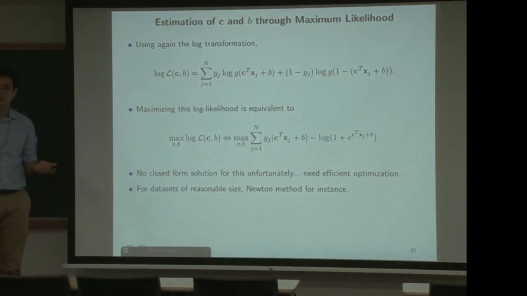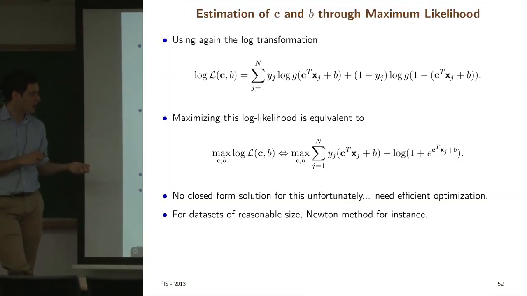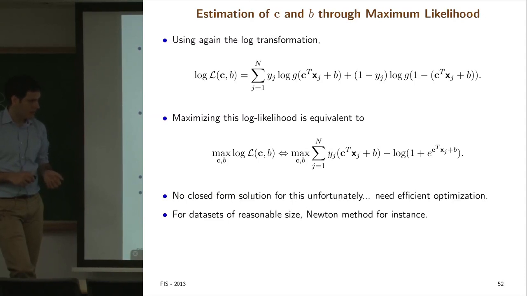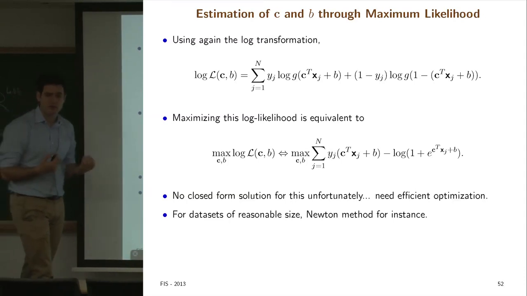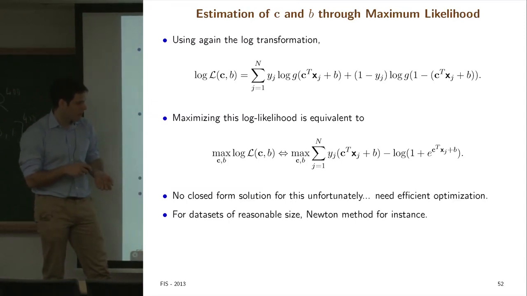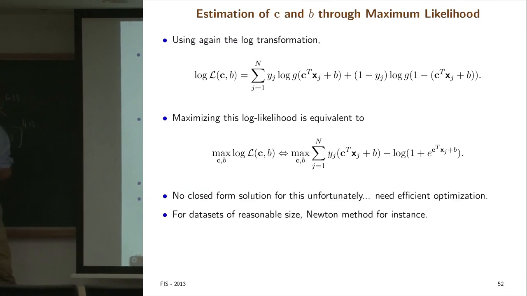The thing is, how can we maximize this? Well, if you do some basic math, you can show that maximizing the log of this is equivalent to maximizing this sum here. Again, it's not as easy as the least squares regression setting, but we get this expression with the logs and exponentials.